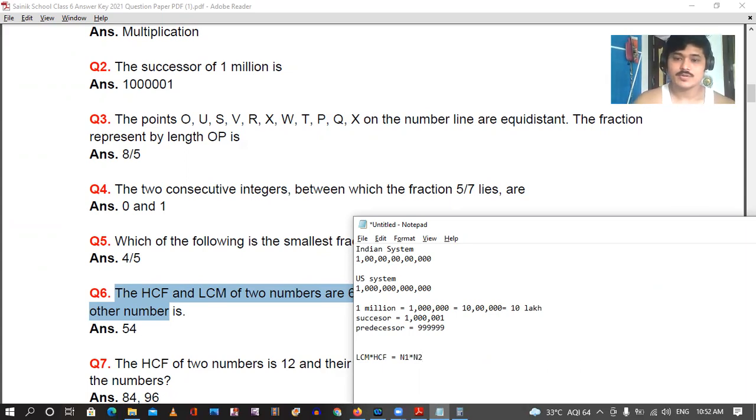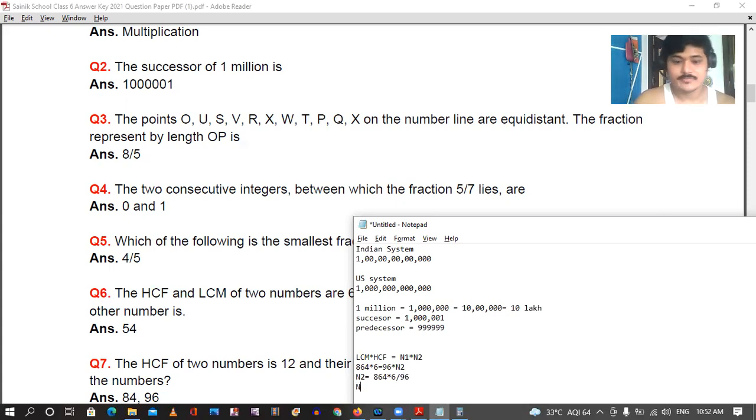My LCM was 864 and HCF was 6, right? 864 into 6 is equal to number 1, which is given to me as 96, into N2. So I can cross multiply this. N2 is equal to 864 into 6 divided by 96.